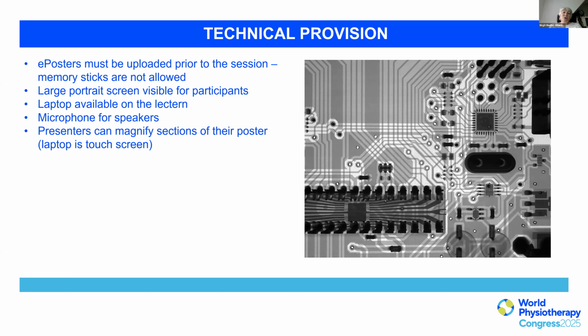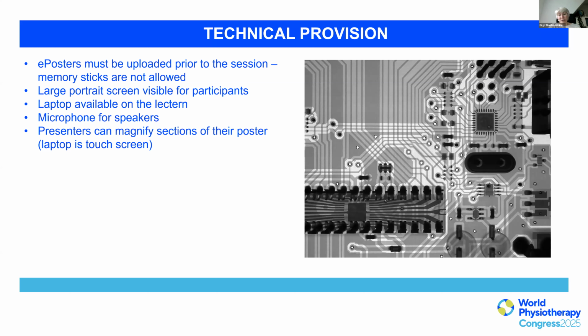Then, as you saw in this technical drawing, there will be a large portrait screen visible for the participants, and you will have a laptop that you can use on the lectern. There will be a microphone for the speakers. And what is important for you to know, you can magnify sections of the poster because the laptops are touchscreen. As we all know, in posters there are different sections.